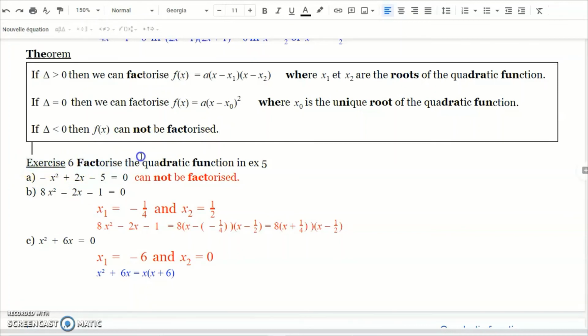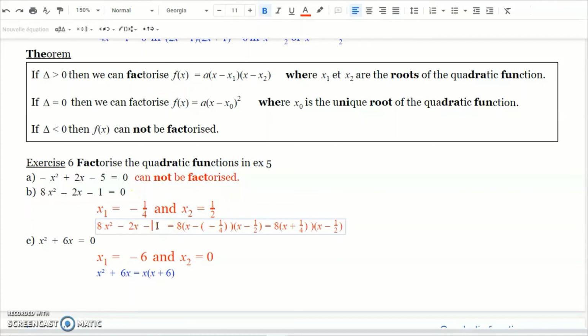Exercise 6, factorize the quadratic functions in exercise 5. So the first one cannot be factorized because we found that there are no roots, no solutions. In B, we found the two solutions -1/4 and 1/2.